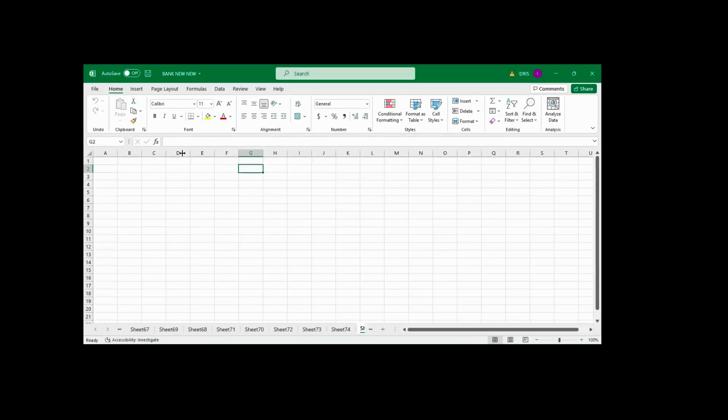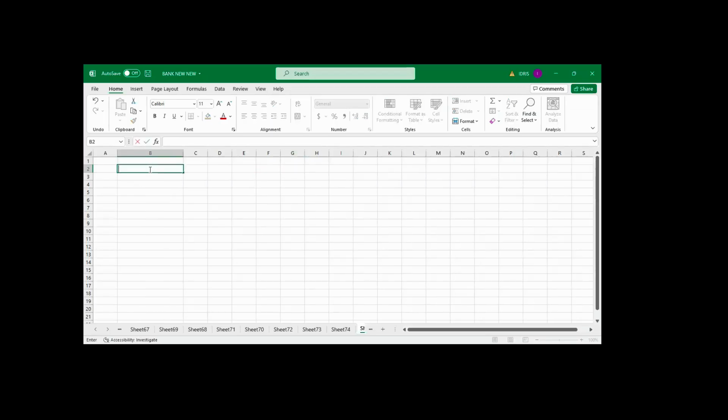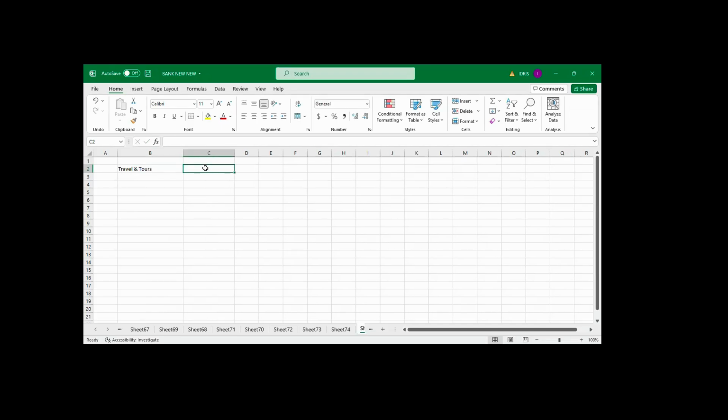This is an Excel sheet now. Take, for instance, travels and tour. Can you see the Excel sheet? Yes, sir. Travels and tour for 2012.